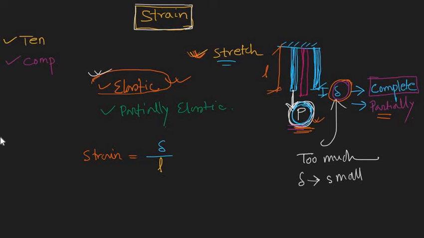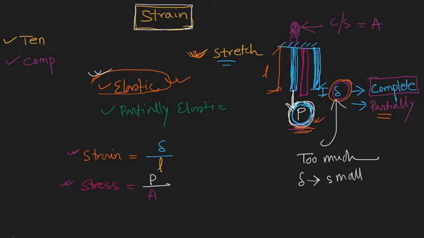In the previous lesson we learned that stress can be expressed mathematically as the ratio of the external force P divided by the cross-sectional area of this member. Let's say this is the cross-sectional area, it may be of any arbitrary shape, and we are assuming that the cross-sectional area is A. So this is stress and this is strain.